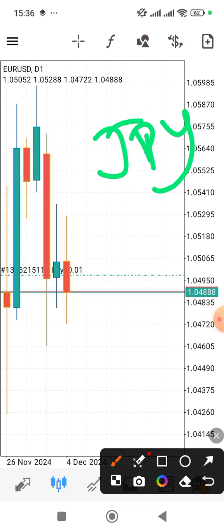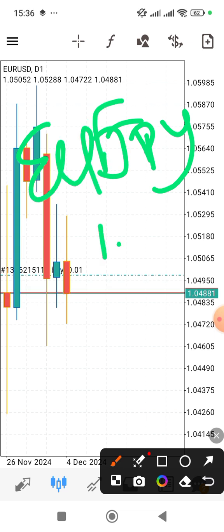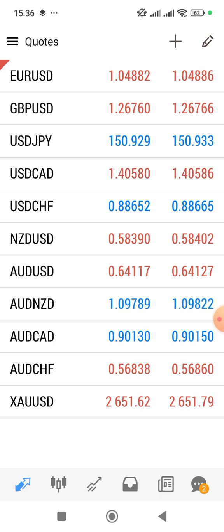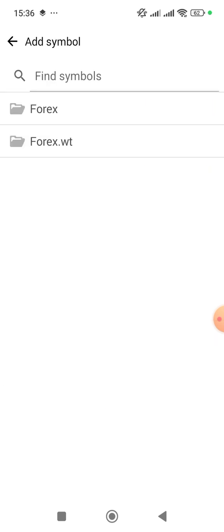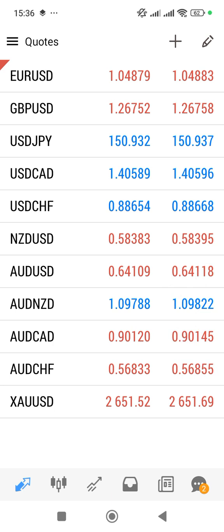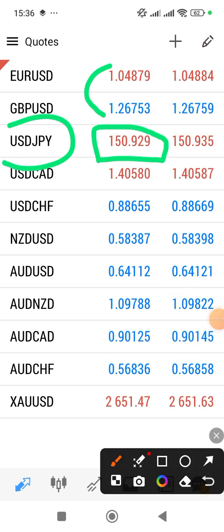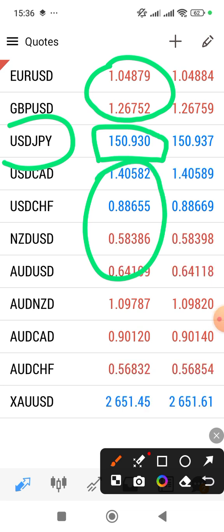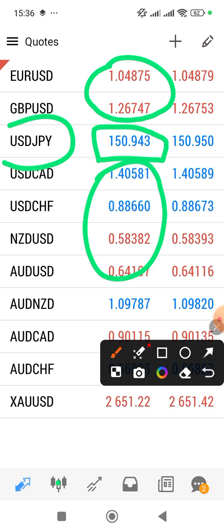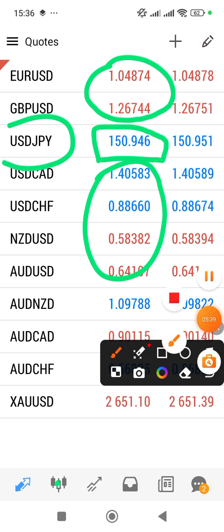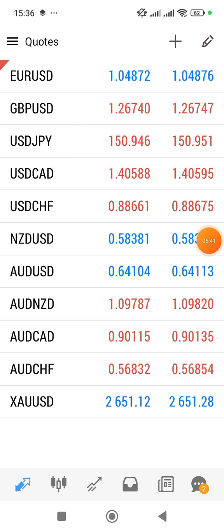Let me add a JPY pair. I have a JPY pair here, USD JPY. Are you seeing how their number is? Their number is different from every other kind of number. It is not 1 point something or 0 point something. It's 150 point. Are you seeing it? So you have 3 significant numbers before the decimal.